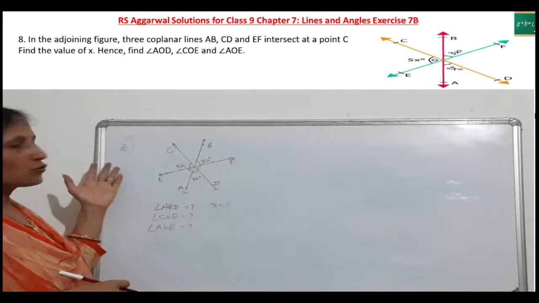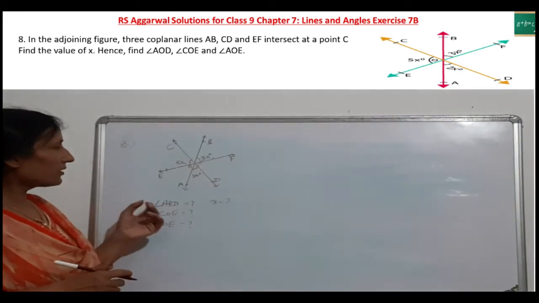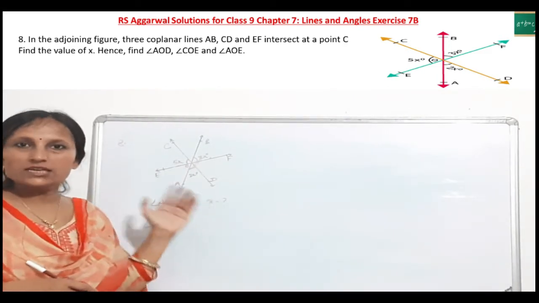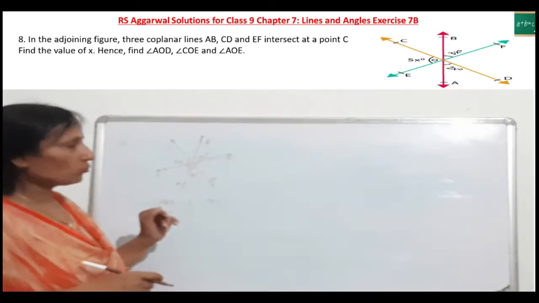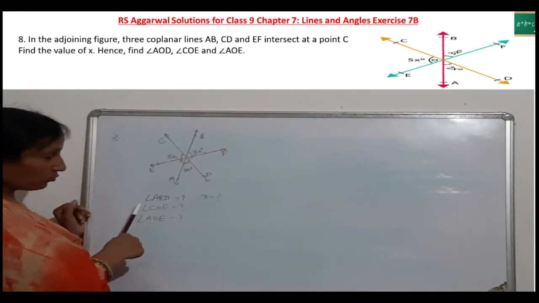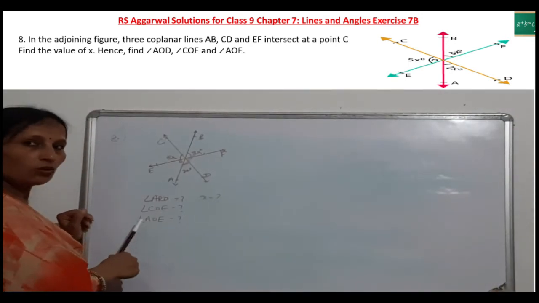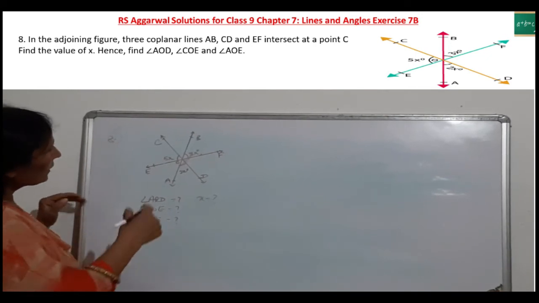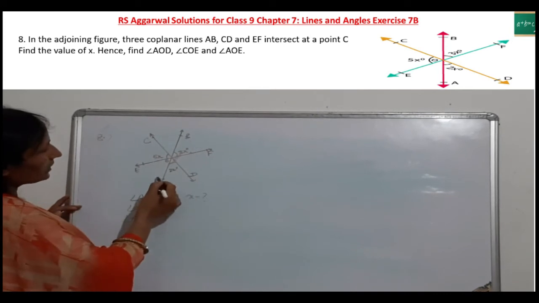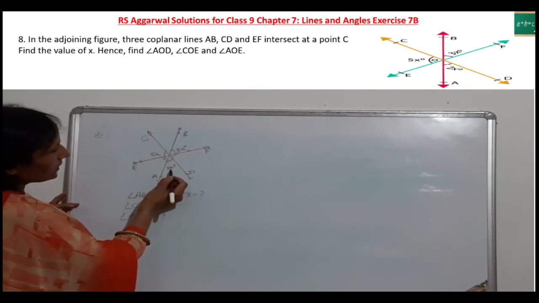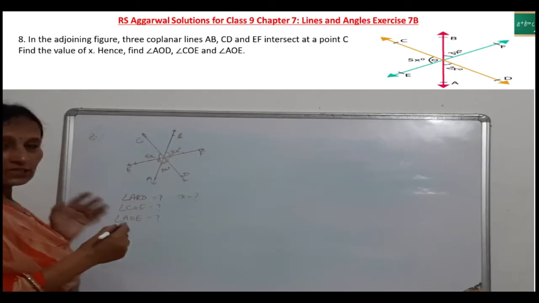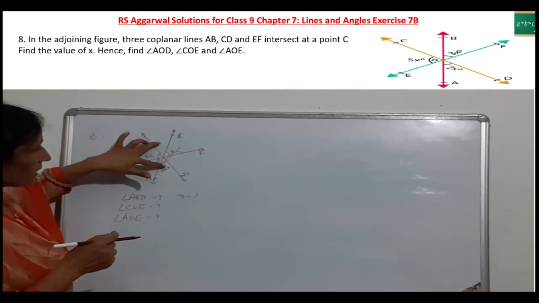Now this is question number 8. In this question it is given that line AB, line CD and line EF, all three lines, are intersecting each other at point O. And we have to find the value of x, and angle AOD, angle COE and angle AOE. So see this figure, these two lines CD and AB are intersecting each other, and this is 2x degrees. So this angle COB and angle AOD are vertically opposite angles.